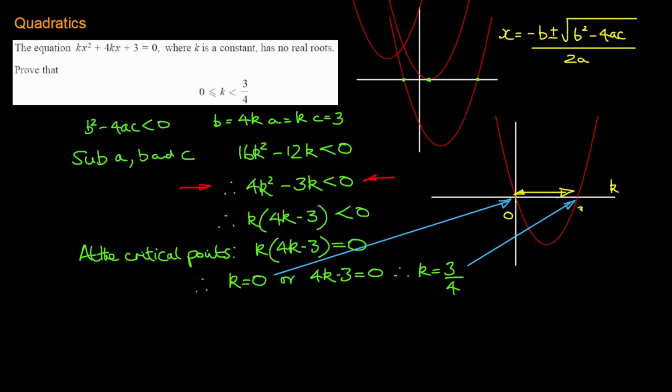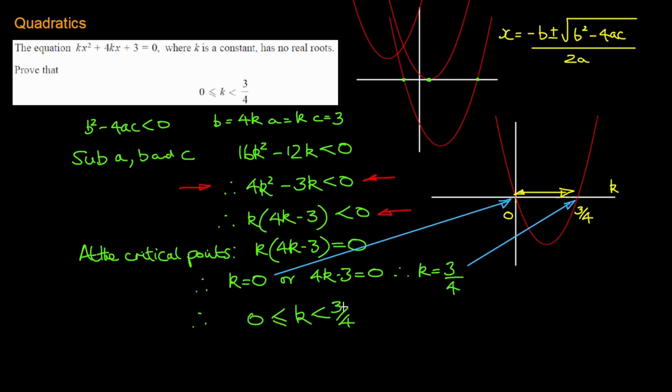So I can say that that region is defined by the values of k being between 0 and 3/4. But we actually have another solution here where k is 0. So this modifies the inequality so that it includes 0, but it does not include 3/4.